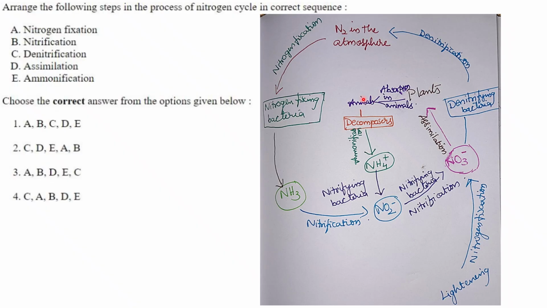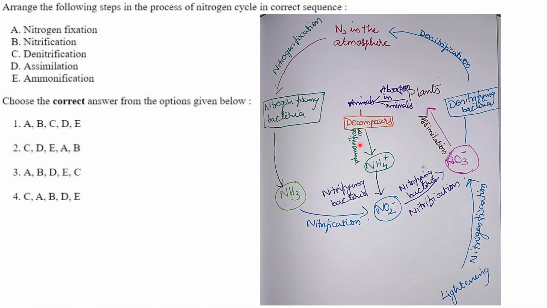And when these animals excrete waste or when they die, the decomposers will convert the nitrogen present in the animal excreta or the dead bodies of animals and plants by the process of ammonification. They will convert these nitrogen compounds into ammonia.